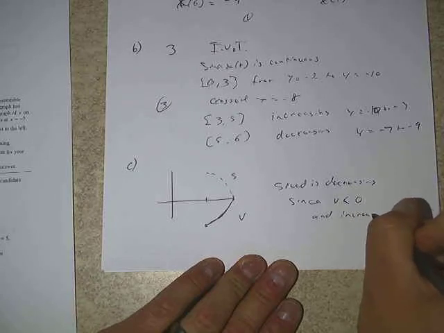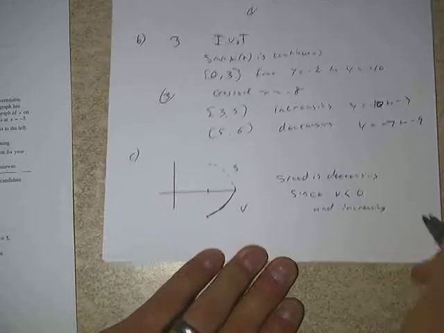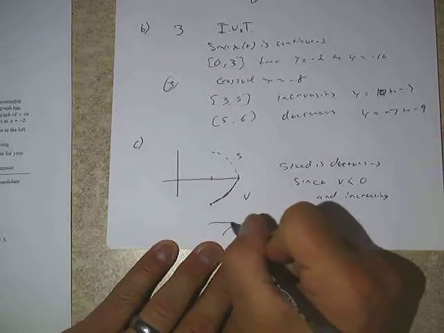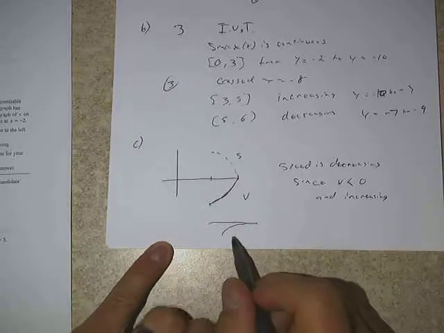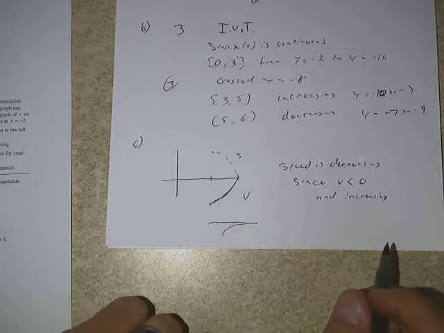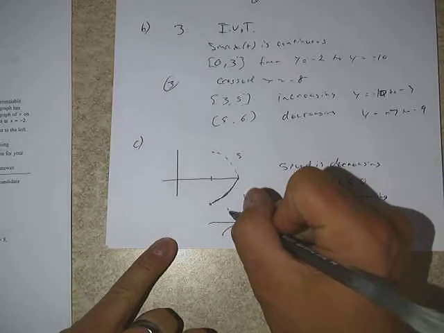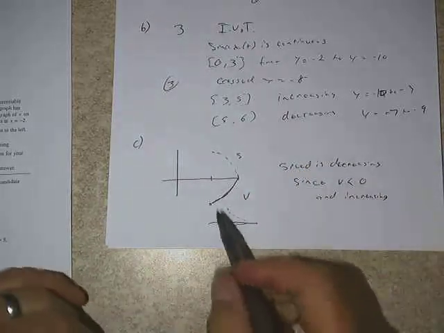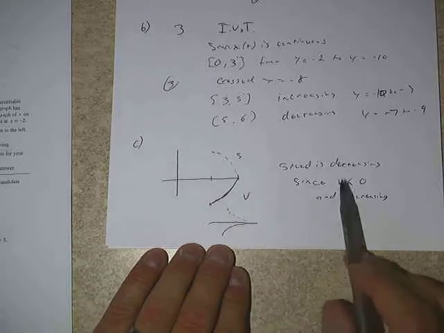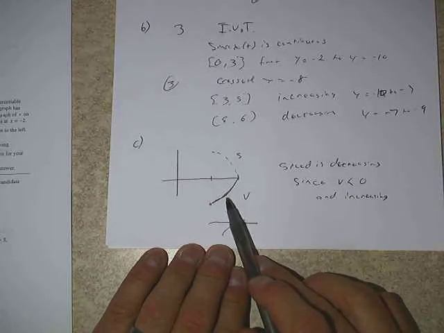The reason here is since the velocity is negative and increasing. Remember, whether I do it with the velocity being concave up or concave down, even if it looked like this, if I flip that, it would still be decreasing as a speed.